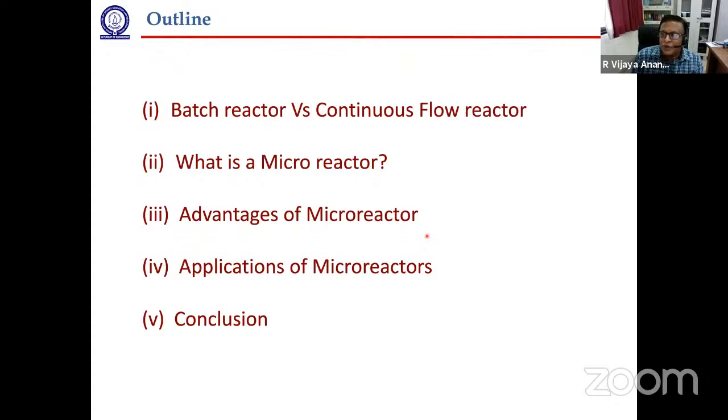Before going into the details, first I would like to talk about the batch process. This is the outline, as you can see here in this slide. First I will talk about the differences between batch reactor and continuous flow reactor, and what is a microreactor, advantages of microreactors, applications of microreactors, and finally the conclusion.